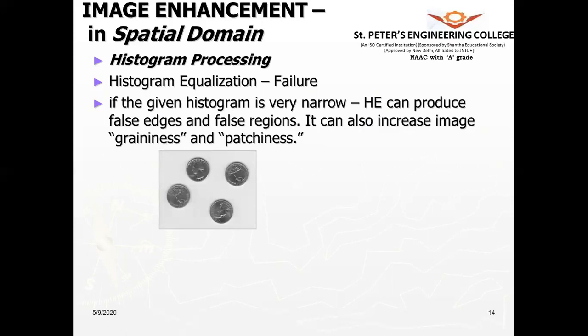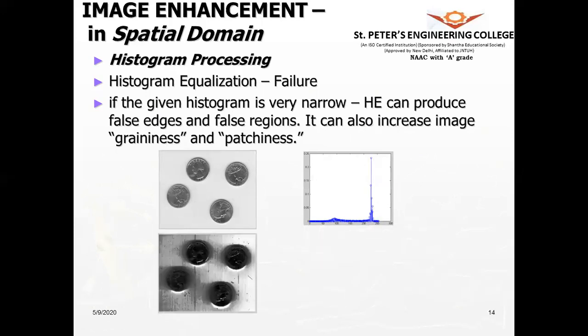For example, this is the actual image and its corresponding histogram. If we perform the equalization for this, we see that there is a lot of grainy and patchy appearance. Whatever is a shade gets attached to the coin.